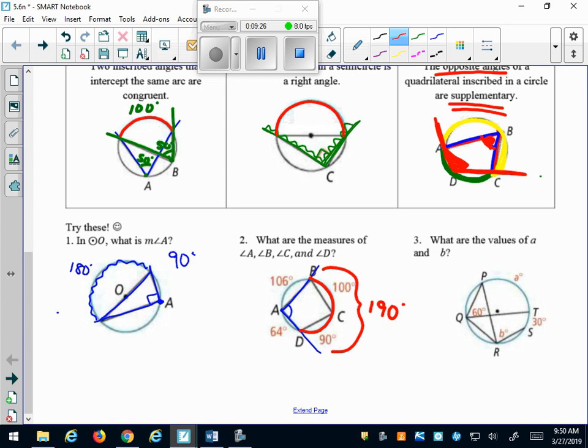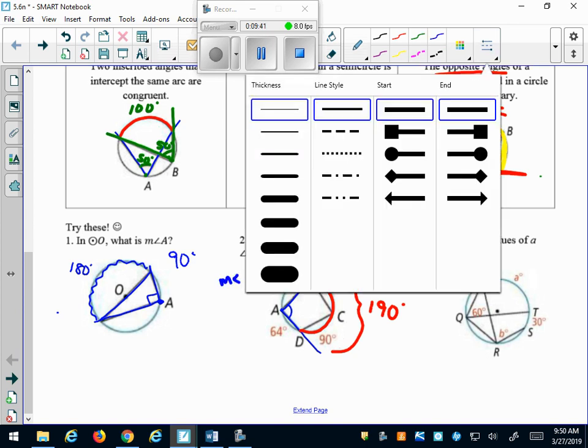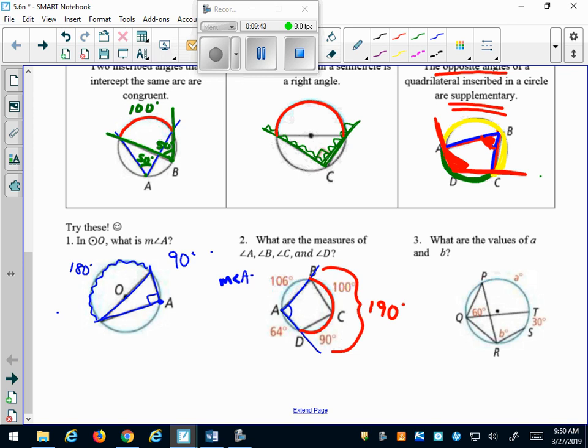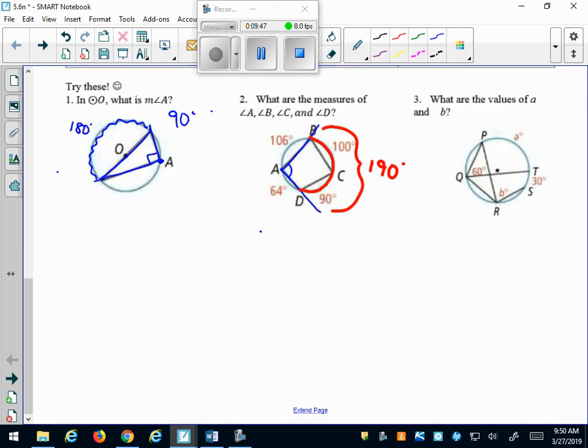So how many degrees is angle A? Which is? Measure of angle A is 95 degrees. Actually, let me write it down here. Half of 190, which is 95.